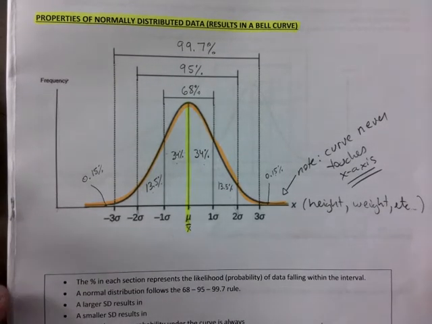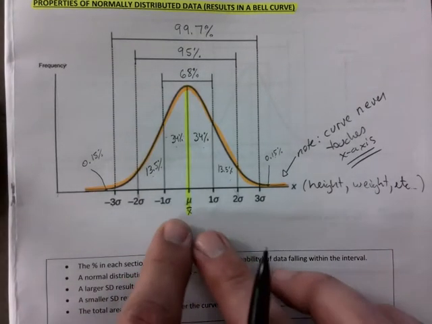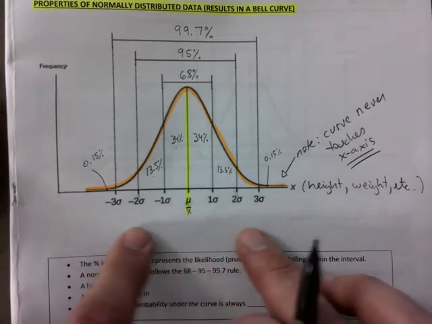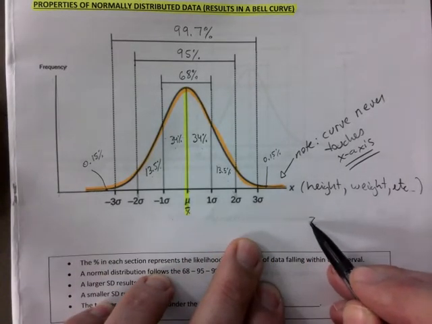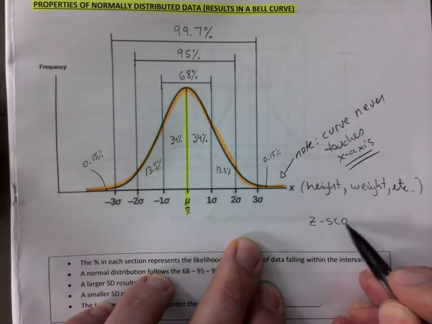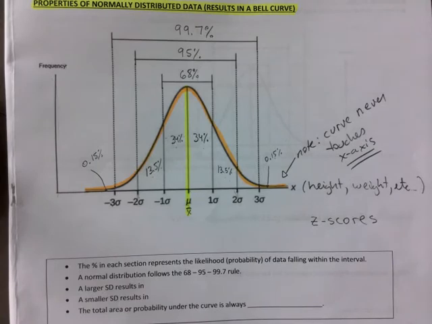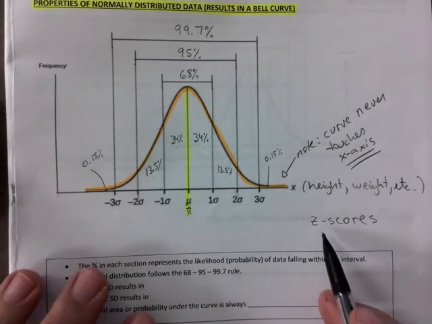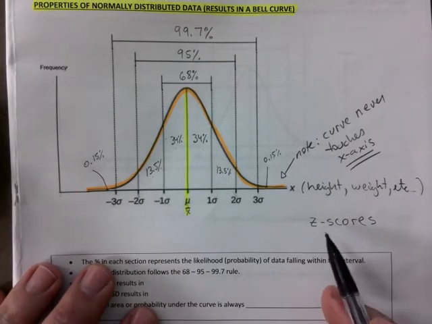All right, let's fill in that box underneath. There's actually one more thing that I need to include here. It's z-scores. Z-scores tell you the number of standard deviations that you are from the mean.